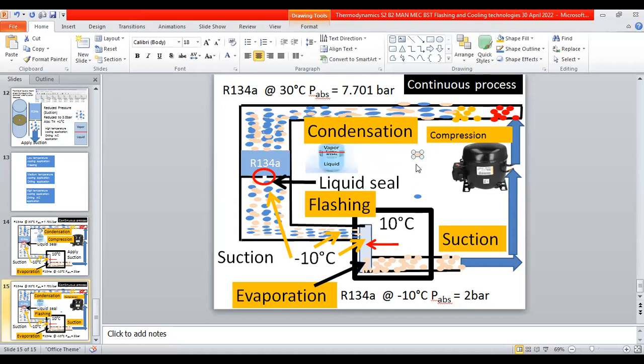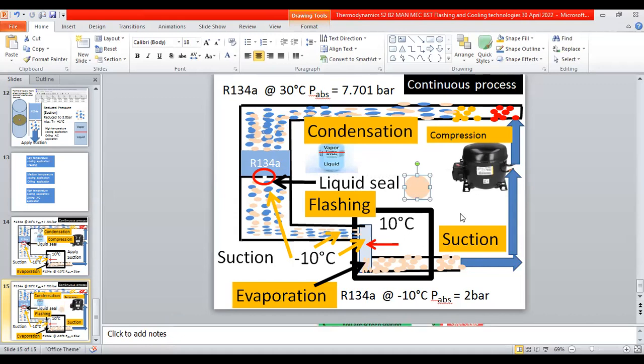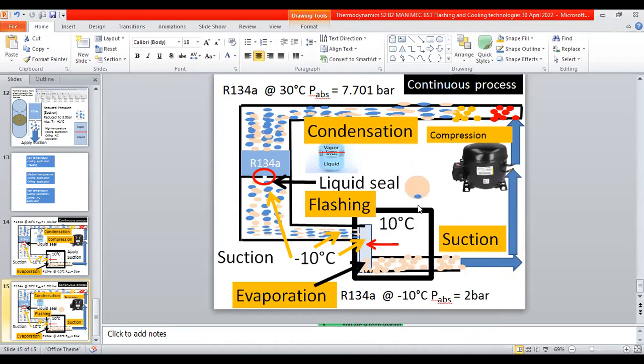So relatively the gas, the equivalent volume size, is quite big. I explain in flashing, a small liquid volume turns into a huge gas volume.